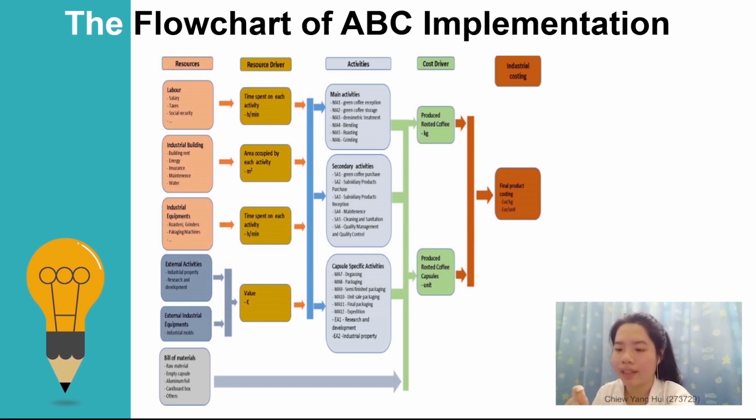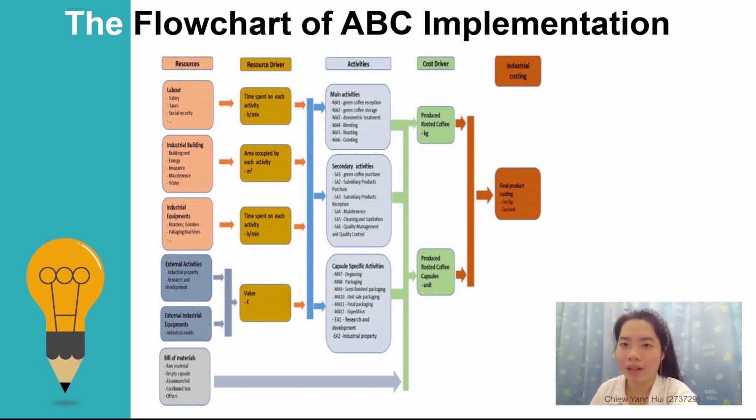Activities that are specific to the coffee capsule will be allocated only to the coffee capsule product. In this way, it is much easier for the company to identify which resources are being used in the coffee capsule specifically.